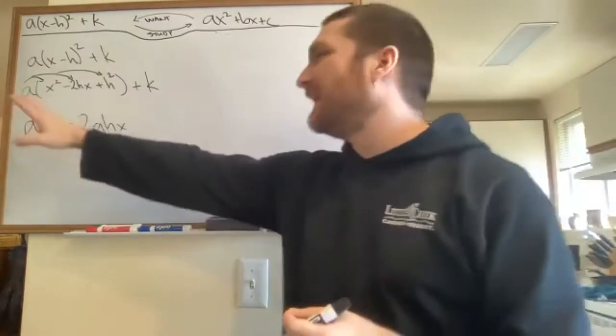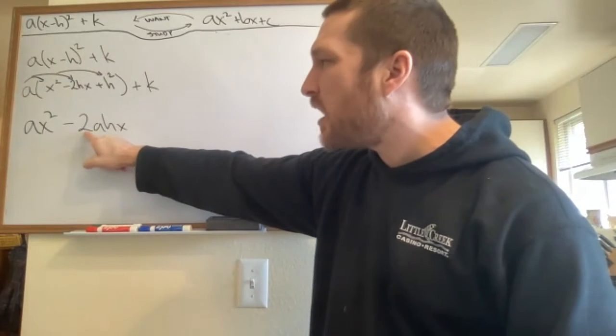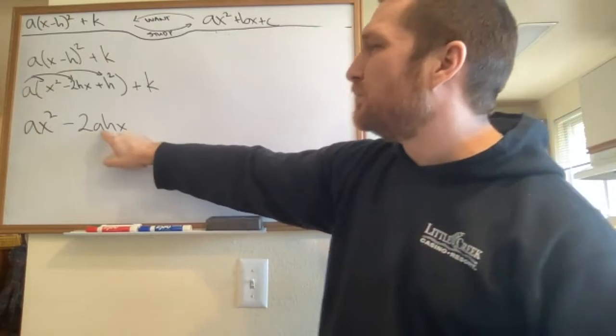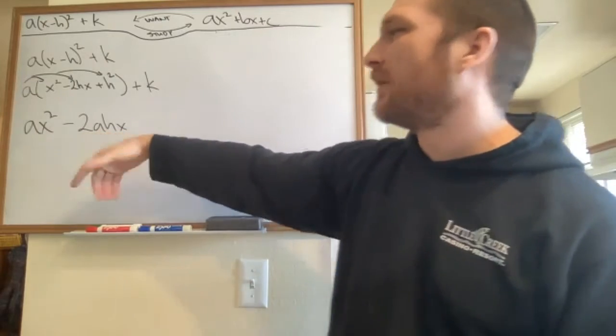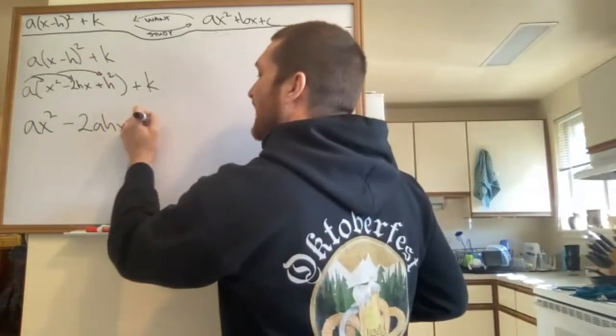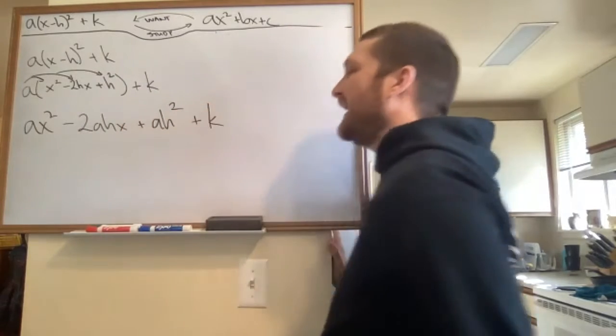I could have put it in any order, but I usually like to have my numbers out front, and my constants in alphabetical order, but it really doesn't matter. And then finally, ah squared plus k.